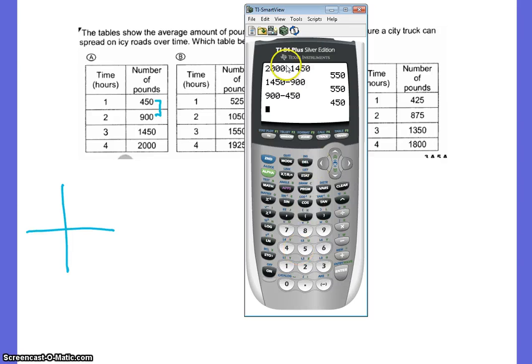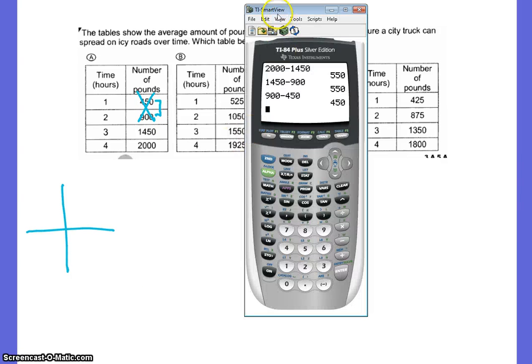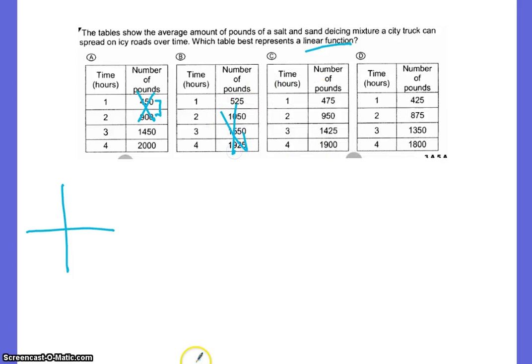That one was different, and so it is not that. So now you're going to come over and try the next one. And you're going to say 1925 minus 1550, 375. 1550 minus 1050, 500. Already have two that are different, so you know it's not that one.